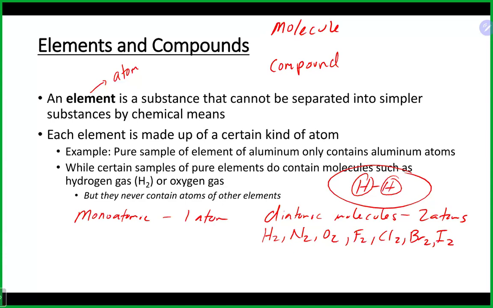Things, as we'll talk about in a later chapter, really only gain charges when they hook up with other elements, particularly when metals and non-metals come together. That is when these things get charges. But if you have a piece of sodium metal by itself, or a piece of zinc by itself, it does not have a charge. Again, they only gain charges as they combine.